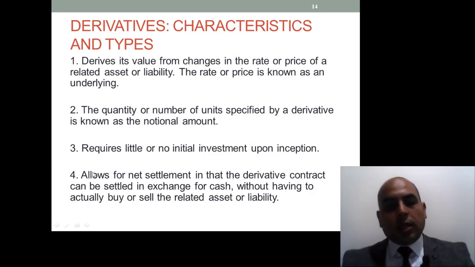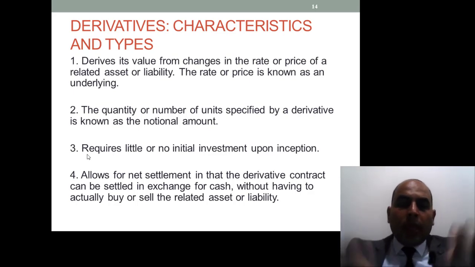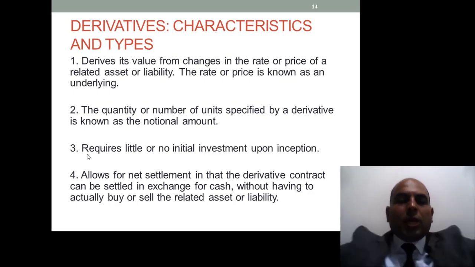Next point, the third characteristic is that it requires little or no initial investment upon inception. When we agree to enter into a forward contract or future contract, it's not necessary to pay the total amount of the agreement. For example, we have entered into a future contract to buy $1 million after 3 months.